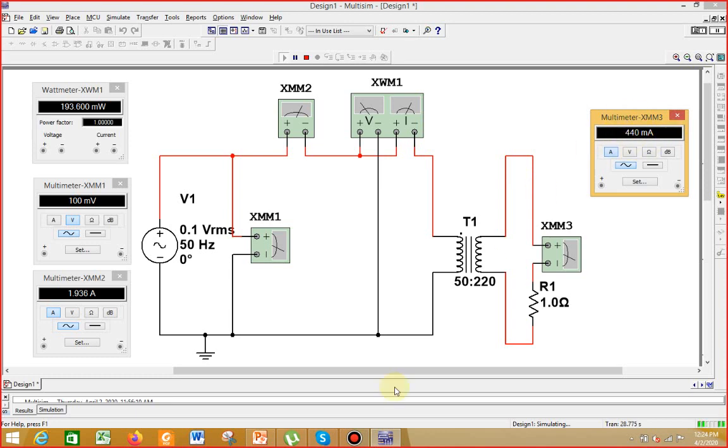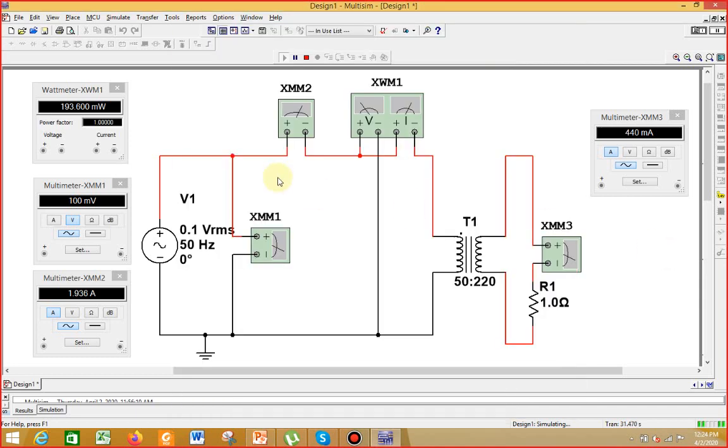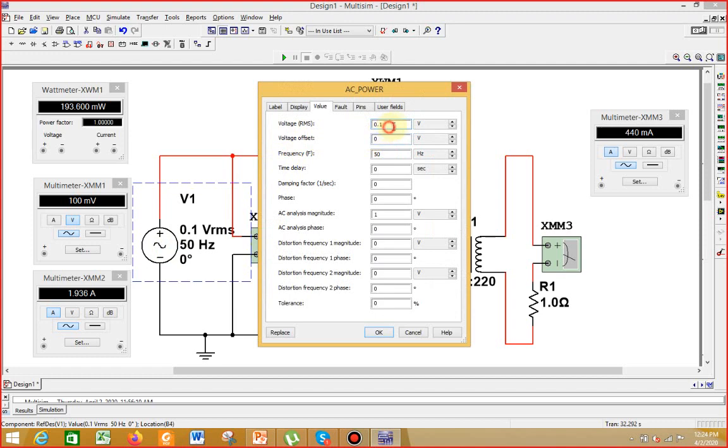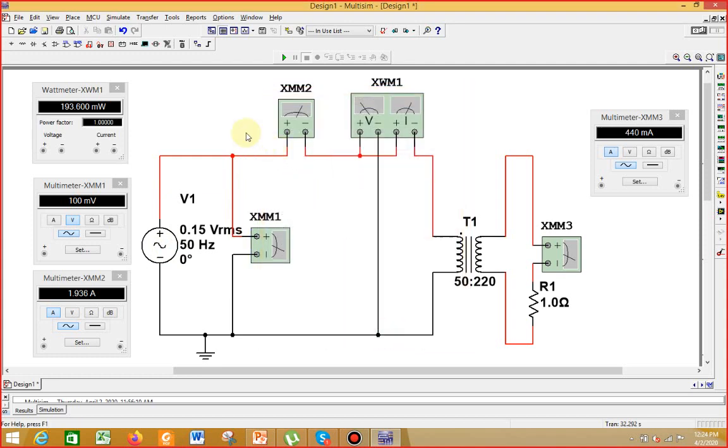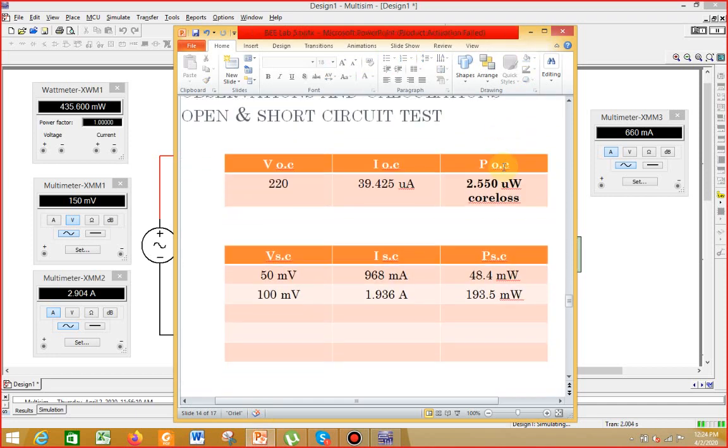So 440 milliamps, and I have noted these values here. Then again we need to increase the voltage to 0.15 here. Just run the simulation, and again we are going to note these values.